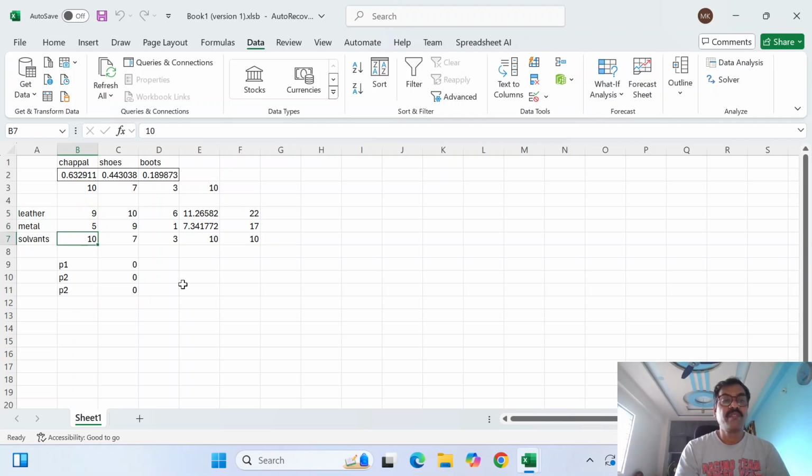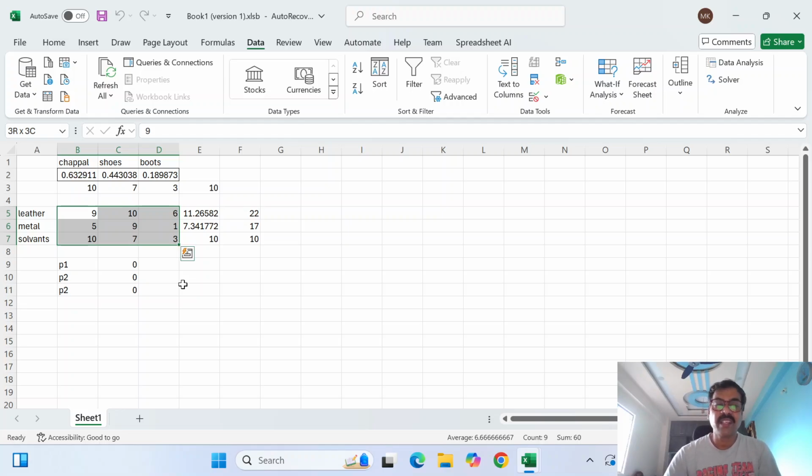And as far as solvents are concerned, we are using more for chappal, 7 units for shoes and 3 units of solvents for boots, which is not as expected. Because there are certain uncertainties in our inputs, the pricing strategy which we requested from the solver is not as expected. So maybe we have to change the values for the given resources. Then we need to redo the whole solution procedure.